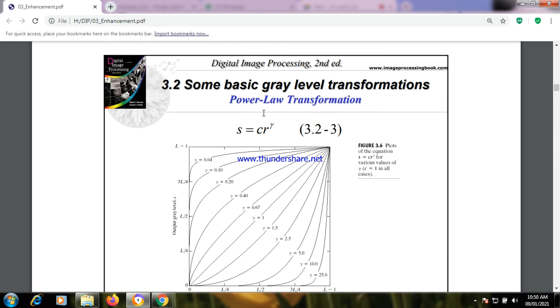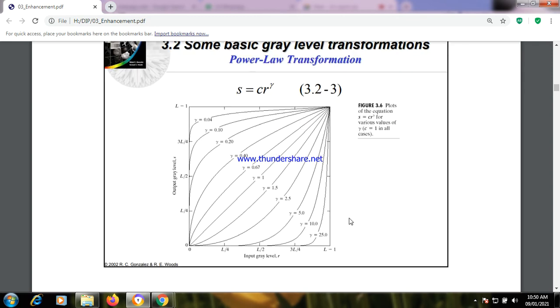So next one is power law transformations. In case of your power law transformations, you can use this equation, S equal to C R raised to gamma. It plots the equation, right, for the various values of gamma, and in all the cases we are fixing the value of C as 1, right? Here, the first curve will indicate gamma as 0.04, 0.1, 0.2, 0.4 and all.